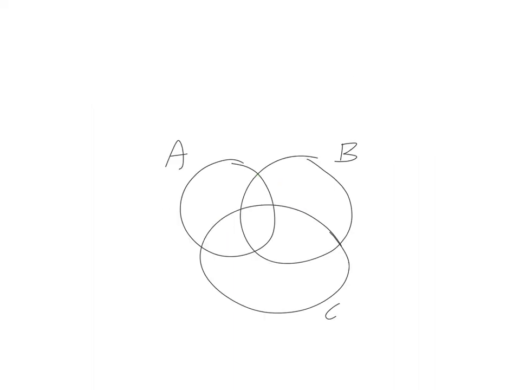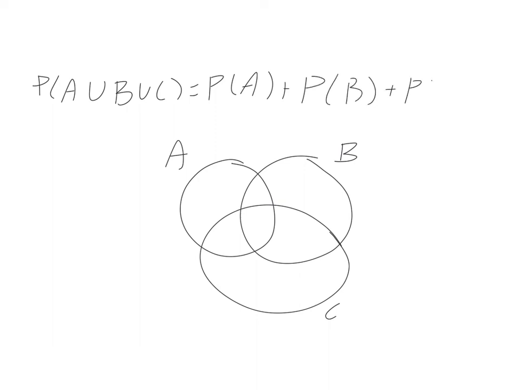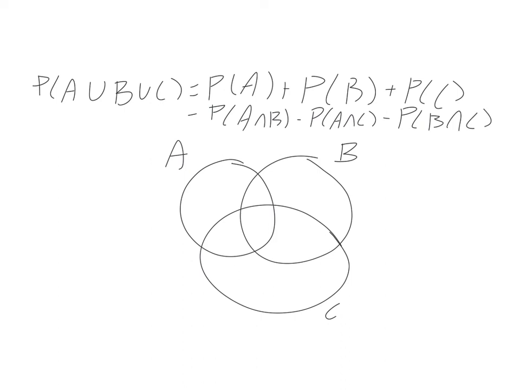If you have three such circles that intersect, then the way that you do the union of those three circles is you first add probability of A, probability of B, and probability of C, and then you subtract probability of A intersection B and probability of A intersection C and probability of B intersection C, and then you add back in probability of A intersection B intersection C, which is that middle portion.